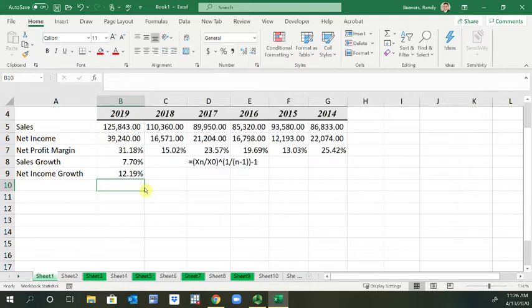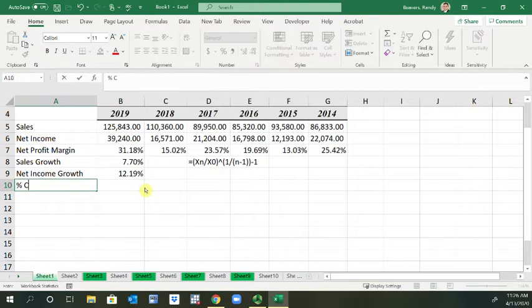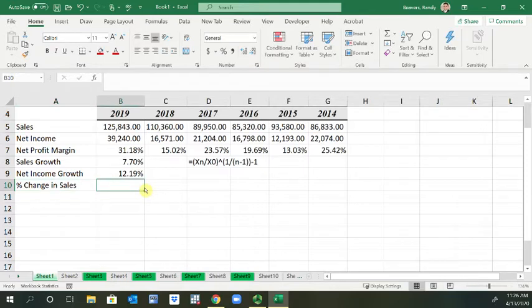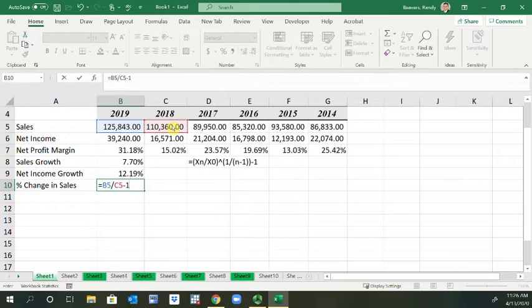Trying to figure out what exactly goes into this function, let's try the following. I'm going to go to cell A10 and type in percentage change in sales. Then I'm going to go to cell B10 and enter the following formula. This is going to be B5 divided by C5 minus 1.